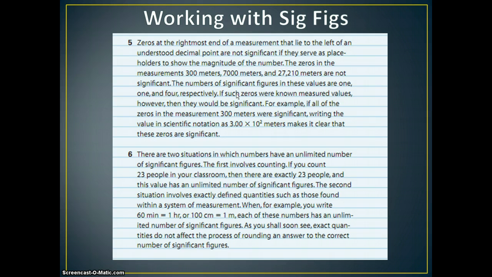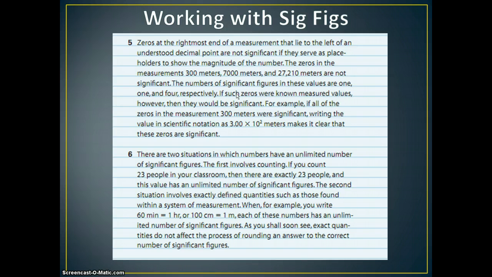And then last but not least, number 6 says that there are times when we can have unlimited significant figures. These apply when we're counting things that can't be subdivided, like persons, or maybe we're counting cars or something like that. Anytime I'm counting specific things that can't be broken down into smaller pieces, that's unlimited significant figures. This would be like 24 cans in a case of Dr Pepper.